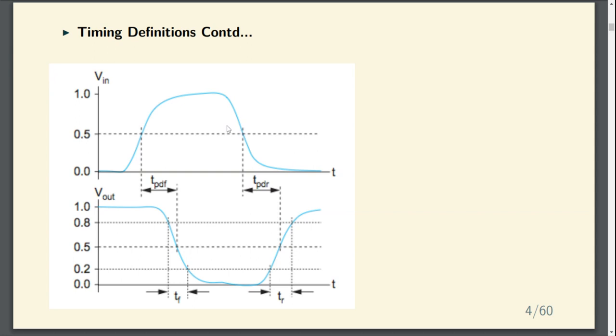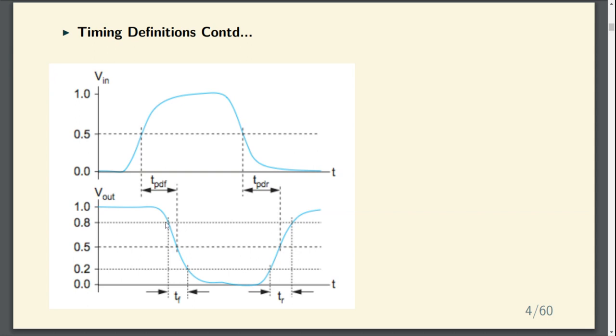This line corresponds to the input waveform, and this line corresponds to the output waveform. So between these two waveforms, what is the time? That is called the propagation delay for rising, because the output is rising. This is output falling, so this measures the propagation delay falling, and the average propagation delay we can define as the average of these two numbers.